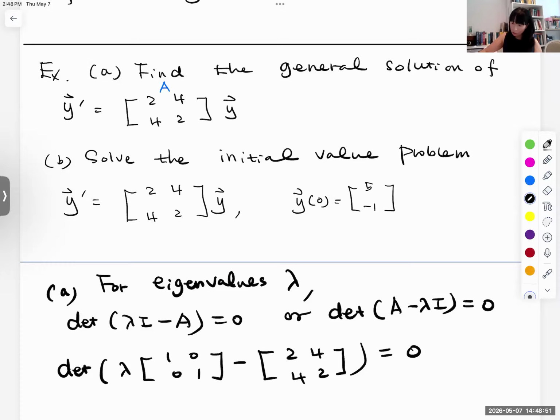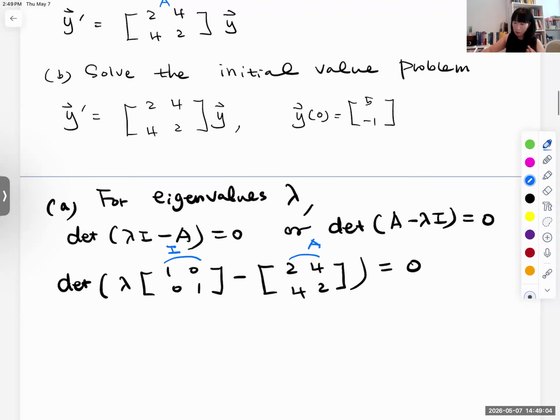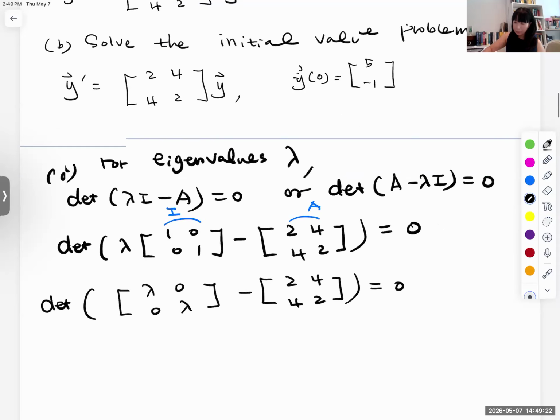So let me rewrite. This one is I and this is A. Let's solve for the eigenvalue lambda. So there will be the determinant of lambda 0 0 lambda minus 2 4 4 2 equal to 0.